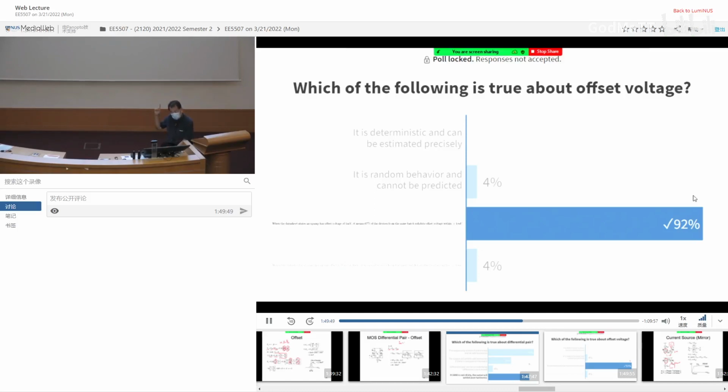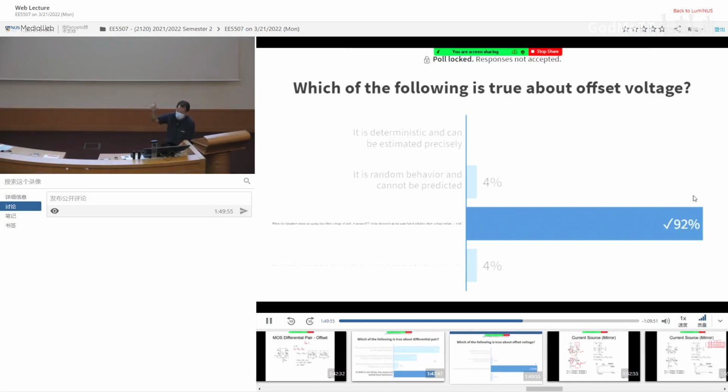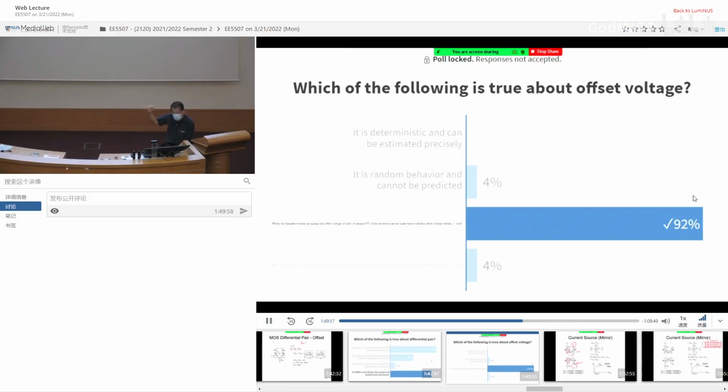Can the weather station tell you exactly that tonight at 10 o'clock there is going to be heavy rain, 10 millimeter? Cannot. But they can tell you there is a 70% probability of heavy rain that might exceed a certain millimeter. So you cannot predict exactly, but you can predict the range.